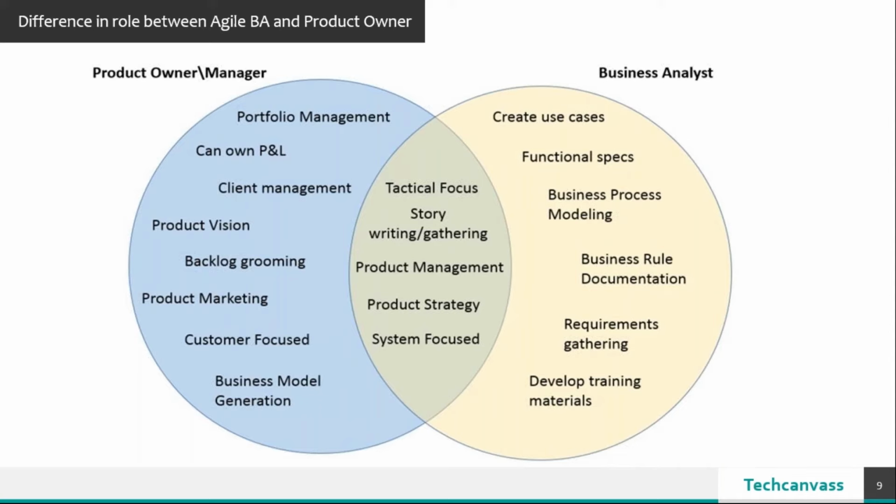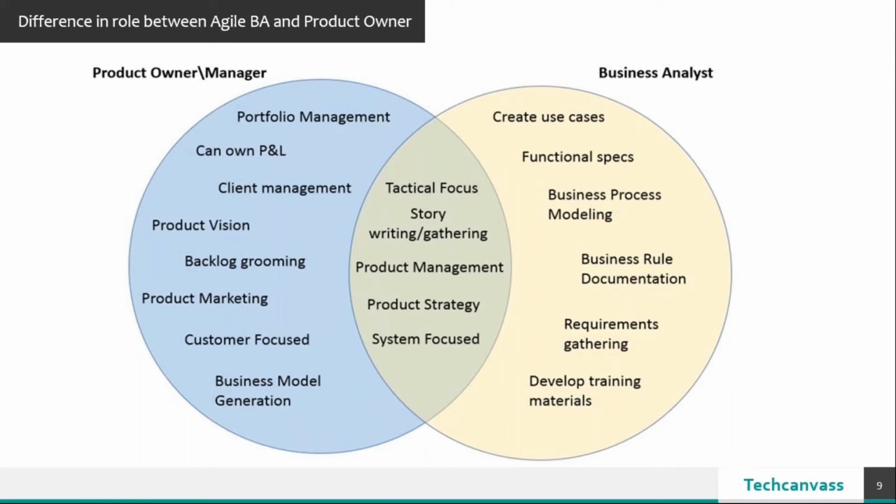And product marketing, so how do you basically market a product? You collaborate with your marketing team, for example, if I want to launch something during Christmas, and then you decide upon the marketing strategies as well. And whatever you build has to be customer focused, in the sense it has to generate a lot of value to the end user.